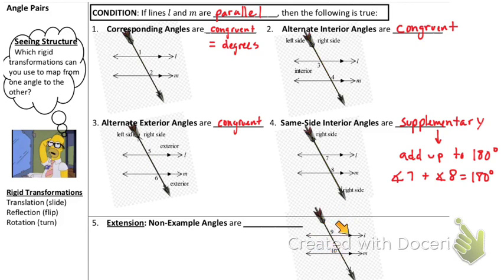Non-example angles are not related in any way. They're not equal to 180, they do not add up to 180, and they are not congruent to each other. So you just have to be careful here, to make sure that we know what we're doing.